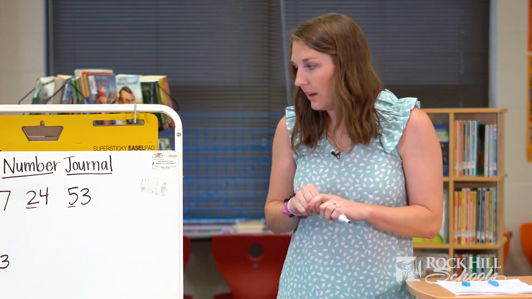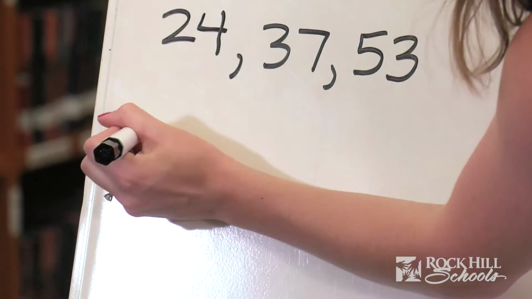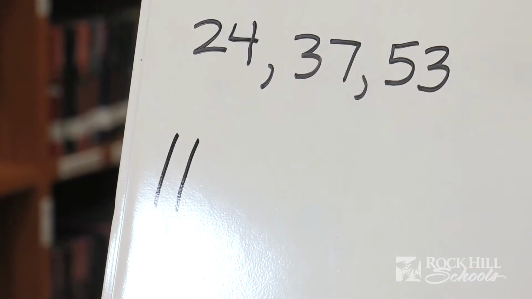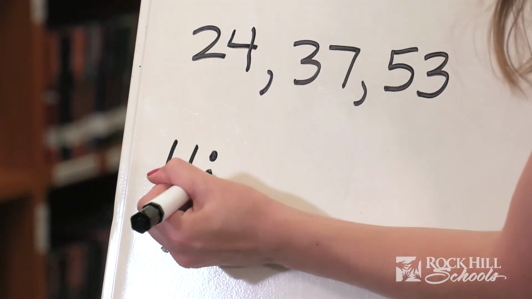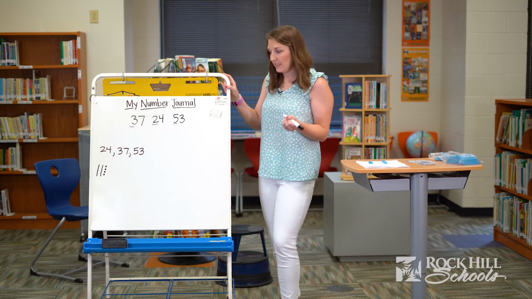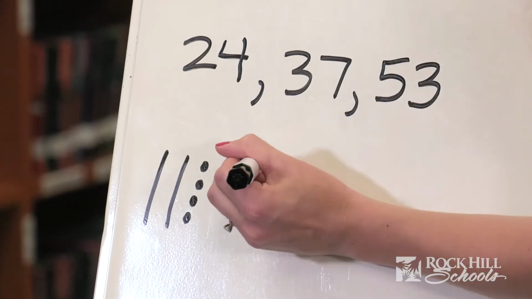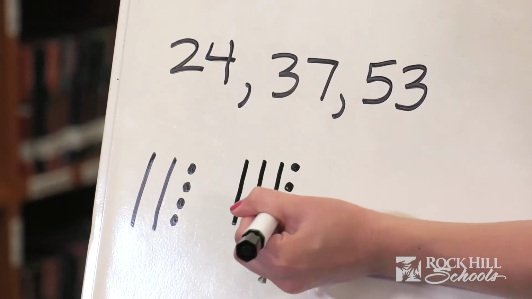So for 24, we have 2 rods and we have 4 units. For 37, we have 3 rods and we have 7 units.